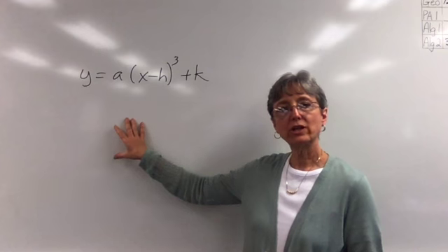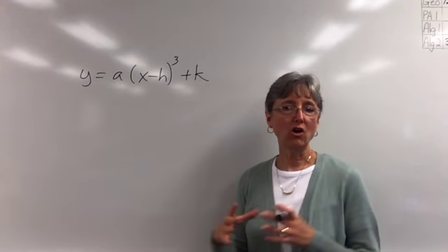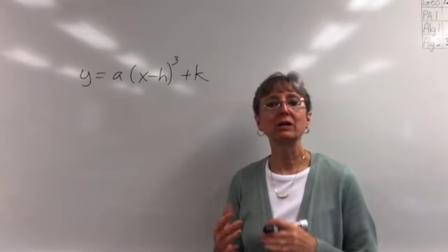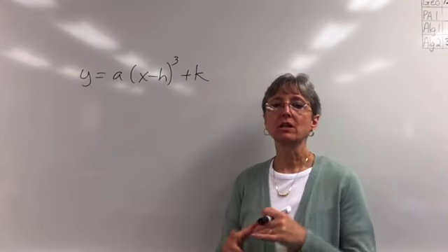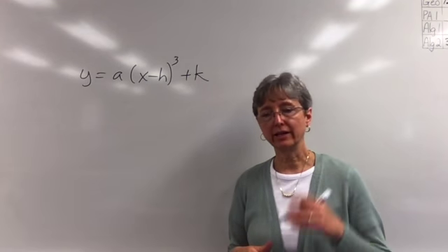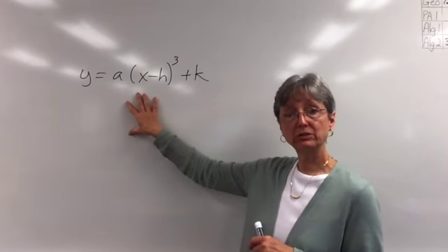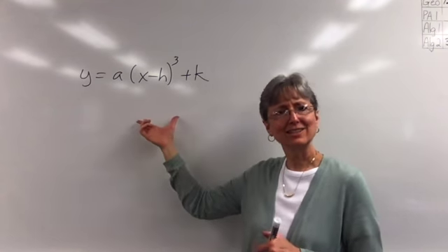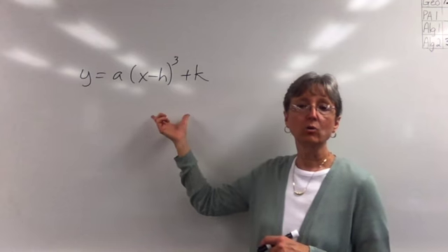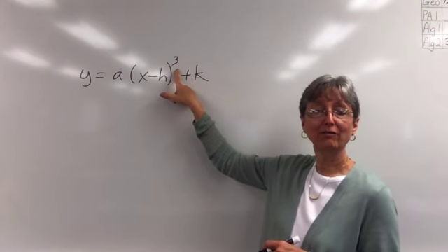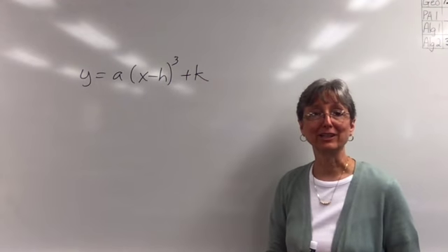So this equation here on the board represents all the different cubics that we can transform just by compressions, reflections, and translations left and right and up and down. They would be able to fit this format. And this looks a lot like quadratics. It's only a difference of a 3rd degree instead of a 2nd degree.